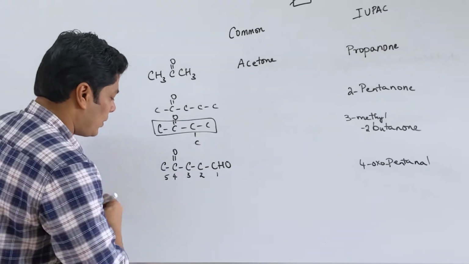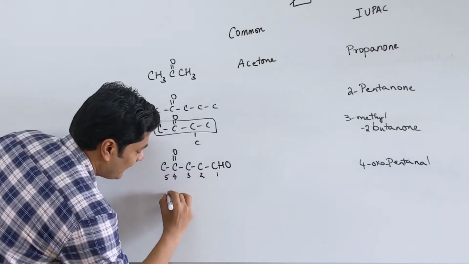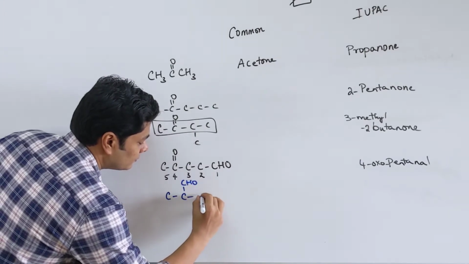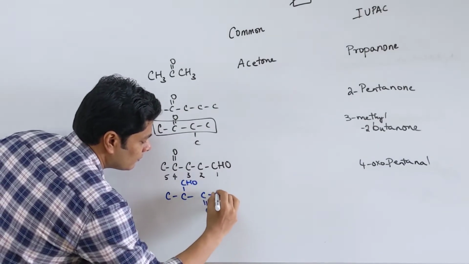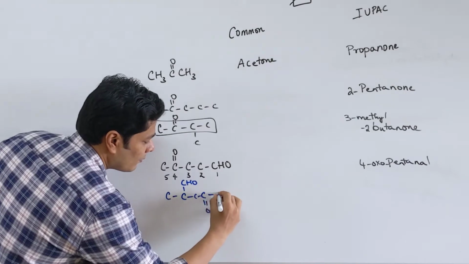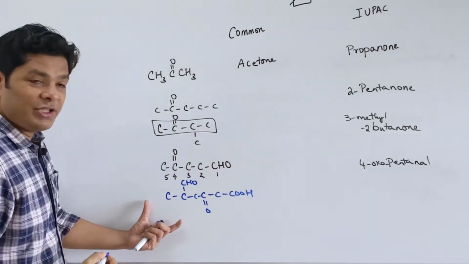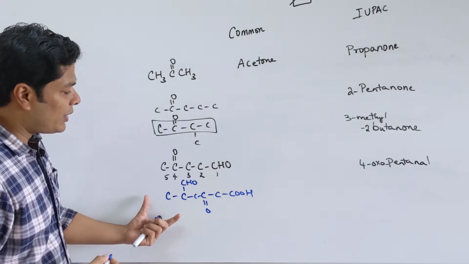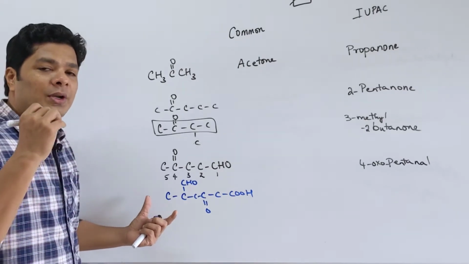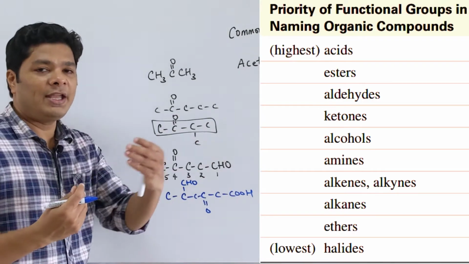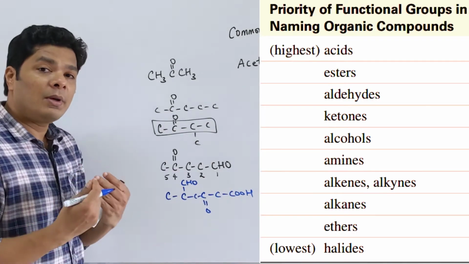Now we can go for one more, okay, this is an example we just make up. So first thing we want to do in IUPAC is see the principal functional group because that is going to determine how the ending is going to be and also how the numbering is going to be.